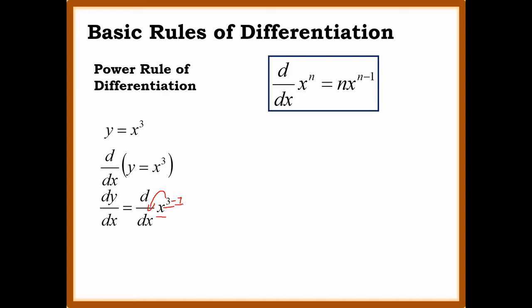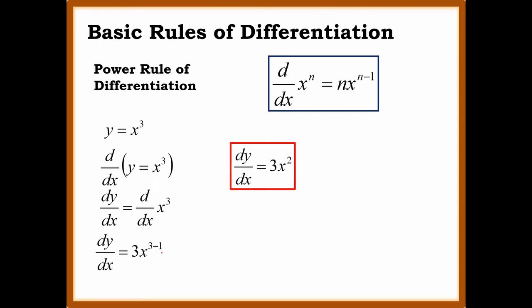That brings us to 3x raised to 3 minus 1. So, kung mapansin natin na wala na si derivative operator kasi in-apply na natin itong power rule of differentiation. And then, 3 minus 1, this is just simply dy over dx is just equal to 3x squared. That is the final answer.